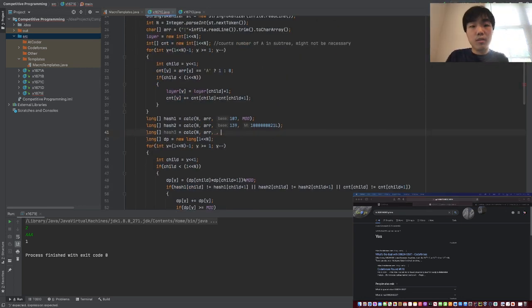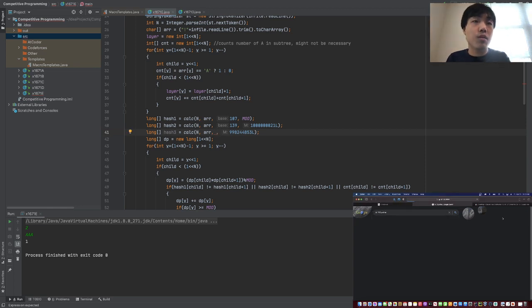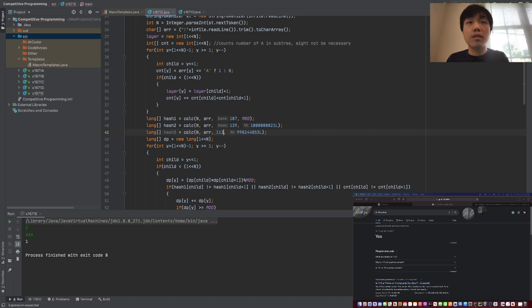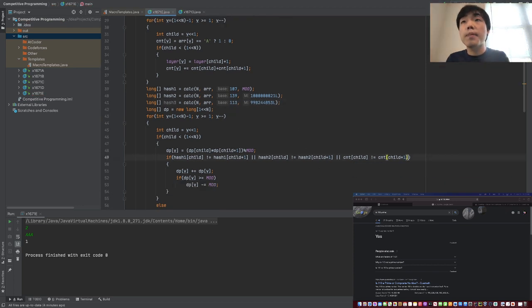N array something. This changed it to an 8. Use base, I don't know. Is 113 prime? Yes. Okay. For hash 3 at child is not equal to hash 3 at child plus 1.